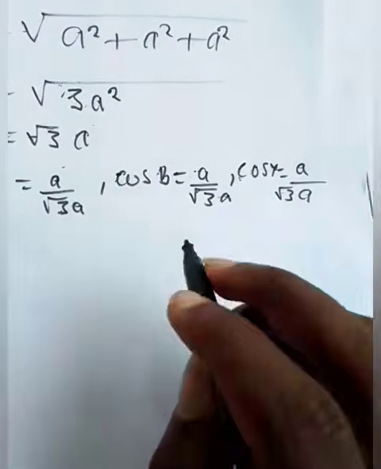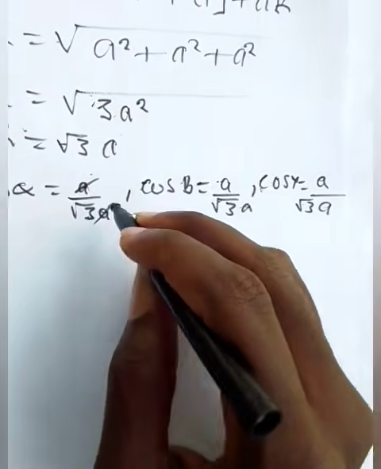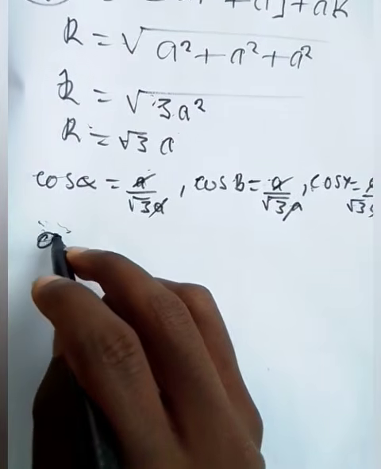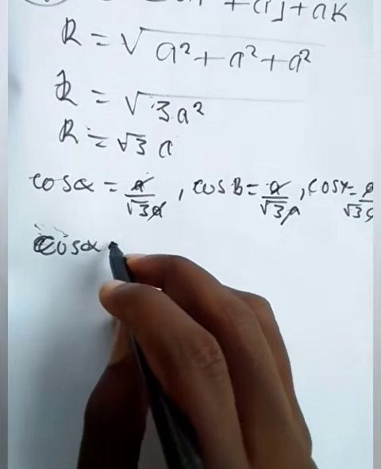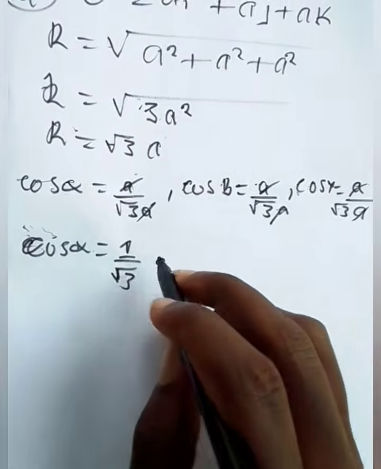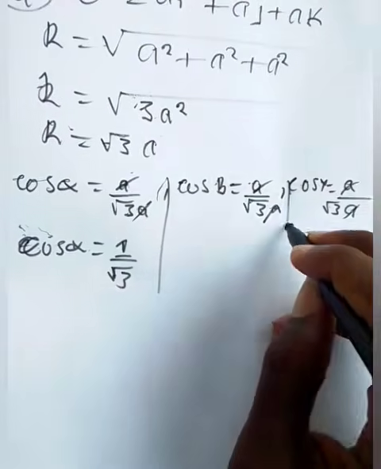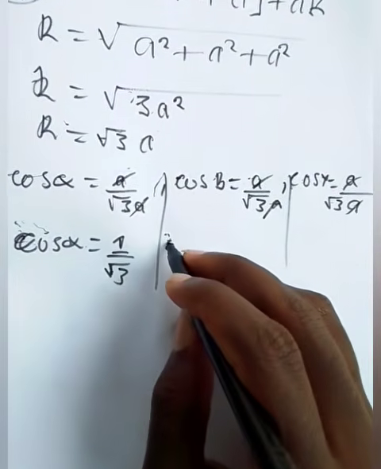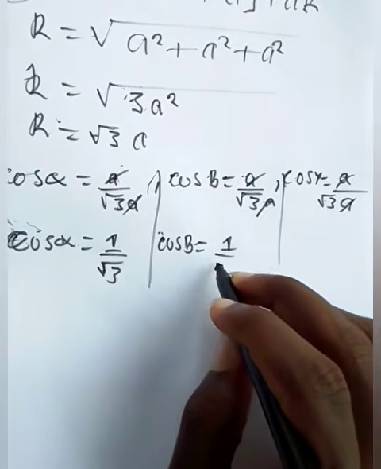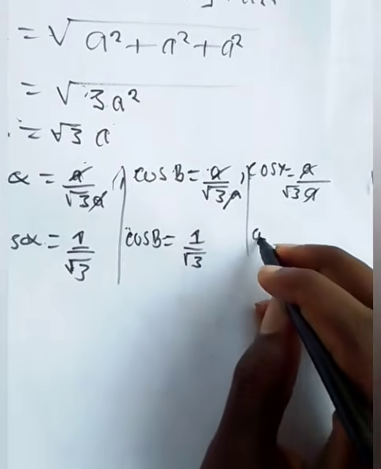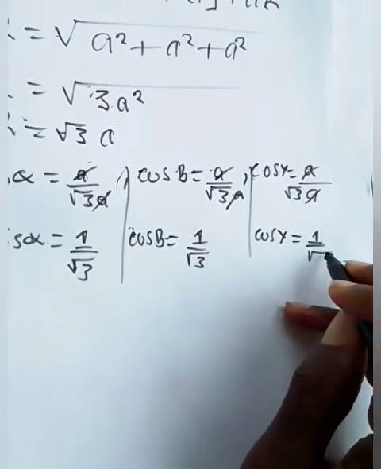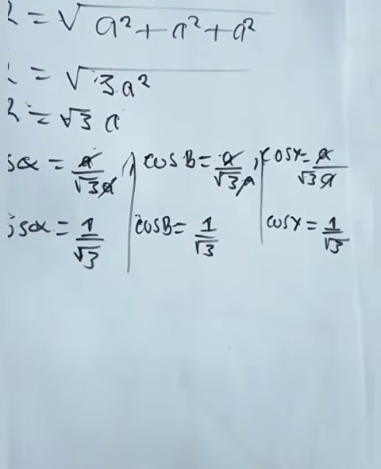So now the a, you cancel it. So the direction cosine for all of them, because they are the same if you've observed, is going to be 1 over square root of 3. Okay, so this is how it's going to look like.